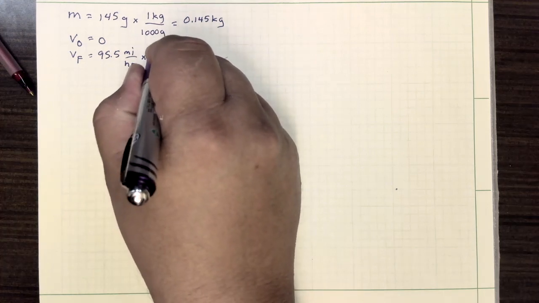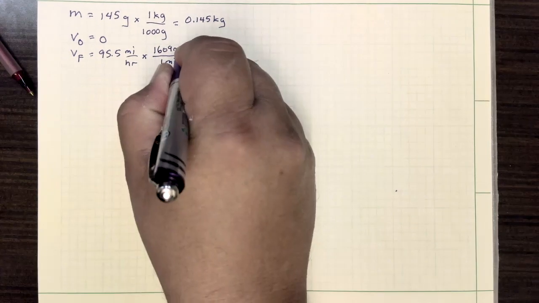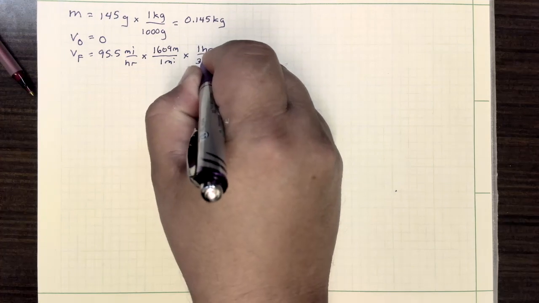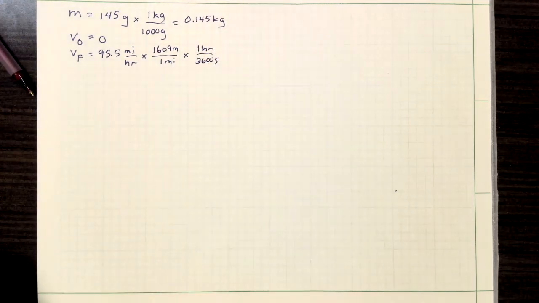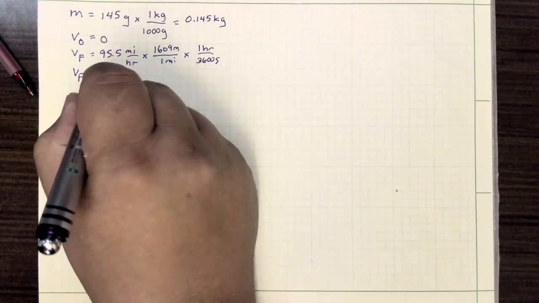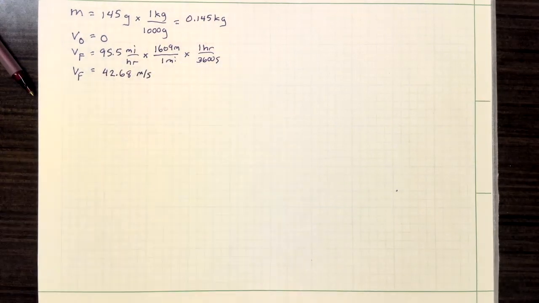There are 1,609 meters in 1 mile, and 1 hour contains 3,600 seconds. This results in a final velocity for the ball of 42.68 meters per second.